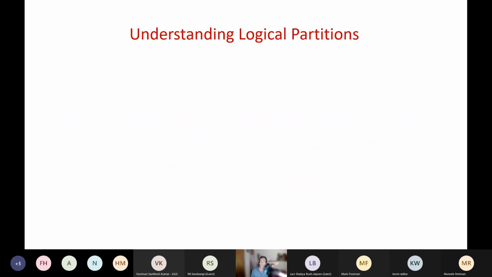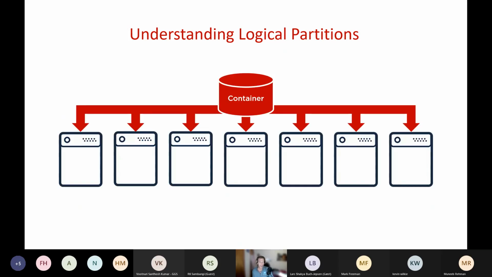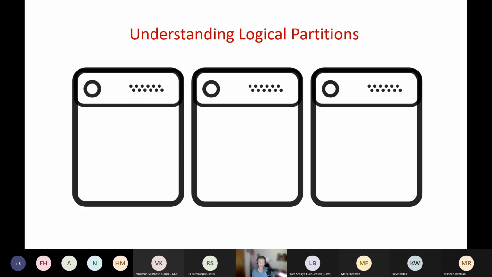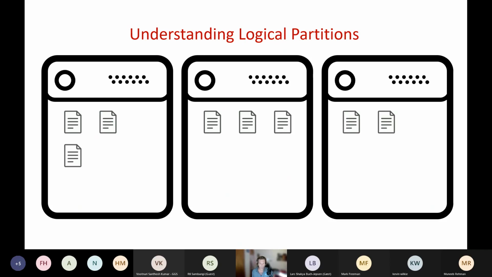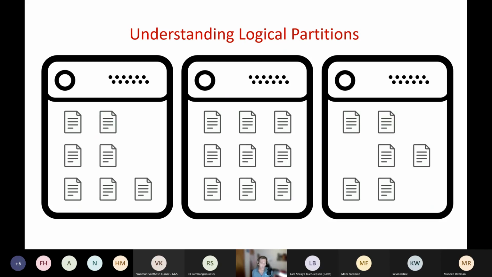All right. So I talked about physical partitions, but really we have to concern ourselves with what are called logical partitions. So what are these? Well, let's drill in a little here, okay? I've got my set of physical partitions here, and there's 3 of them. And again, documents are going to land on each one, but is it going to be arbitrary?